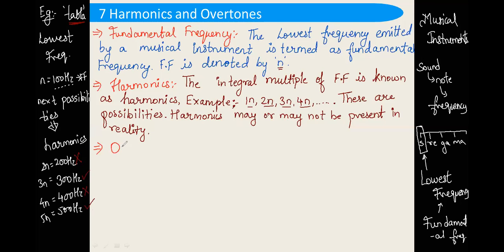Apart from these possibilities, if we are sure that a particular frequency is present, 100% present, then that is called an overtone. So what is an overtone?